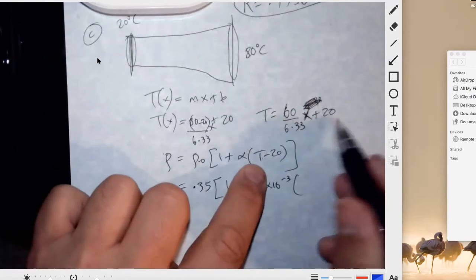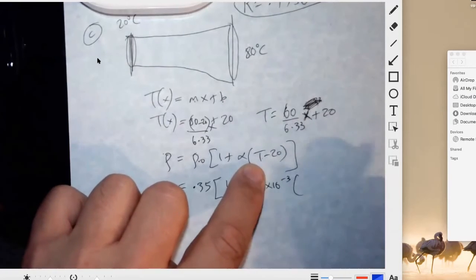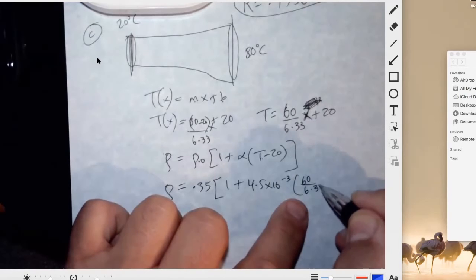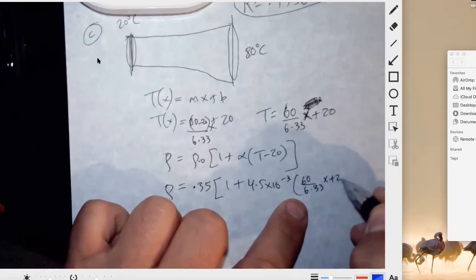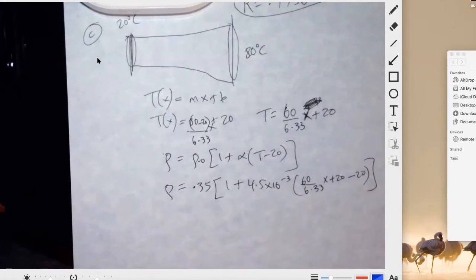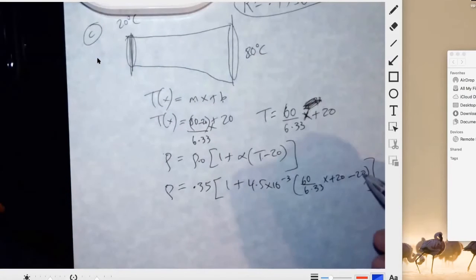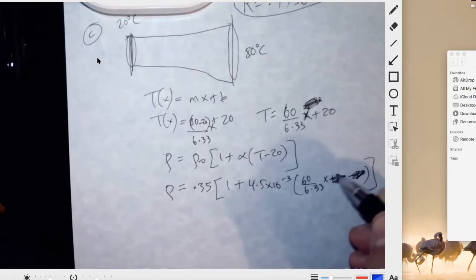And then you put this T function in there. You say 60 over 6.33 x plus 20 minus 20. So that's telling you what the resistivity is doing as a function of x. And the 20 is canceling.